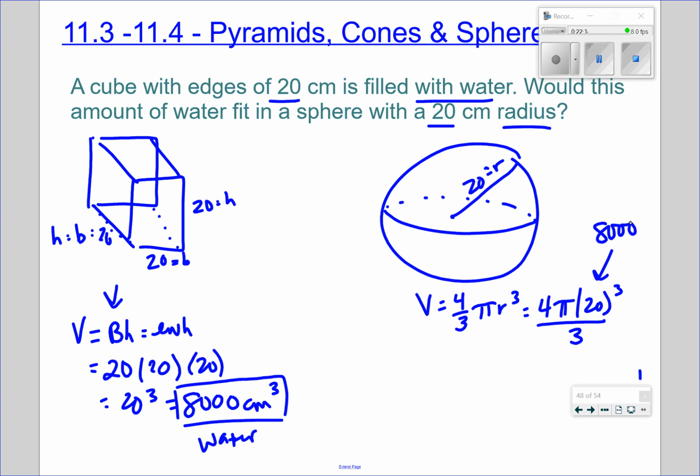So if I multiply it by 4 and pi and then divide by 3, will it still be more than this 8,000 over here for our cube? Of course it will. So if we multiply this, you end up getting about 3,510.3 cubic centimeters. So your answer would be yes, the volume of the cube, or the water in the cube, would fit into the sphere.